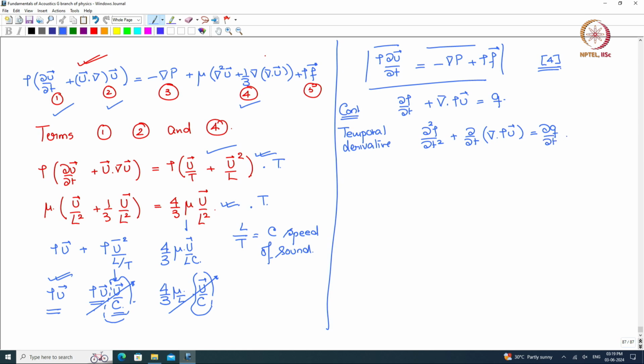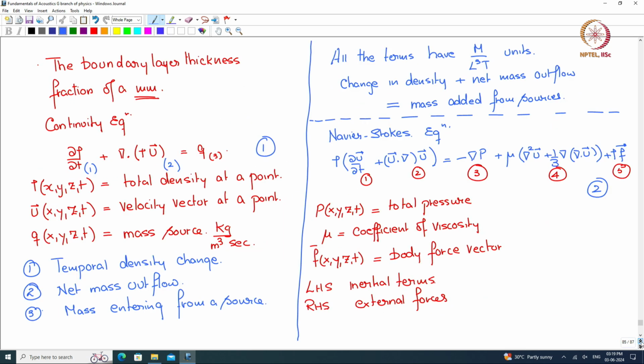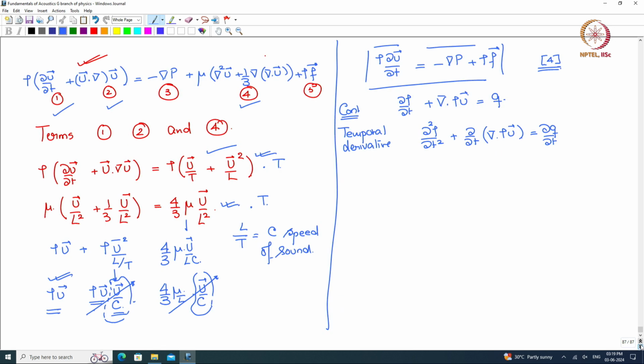We will renumber this as 1. And we take the spatial derivative, the divergence, of the momentum equation.